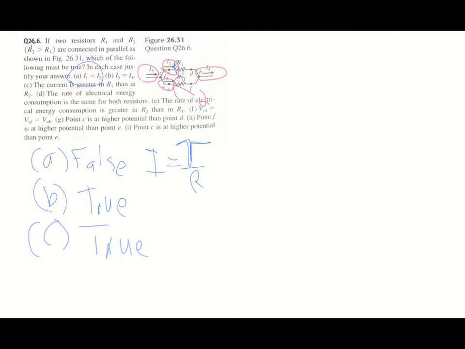D, the rate of electrical energy consumption is the same for both resistors. We can prove that a couple of different ways. I think the easiest way to prove it is by saying that we know the rate of electrical energy consumption is just going to be power.